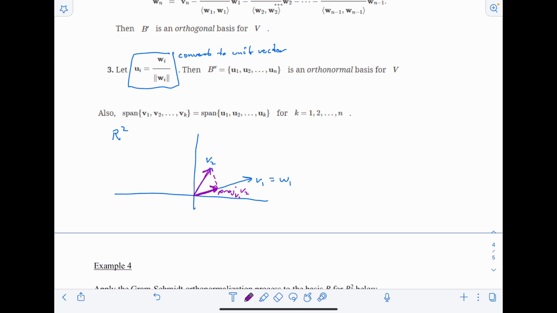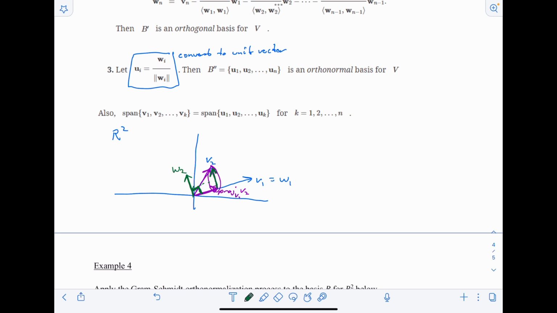Well, that is this vector right here. In fact, let me change this color to green here so we can see that better. This is the vector that we're actually looking for. And if I translate that over and draw that vector right here, we can very clearly see that that is going to be perpendicular to V1, or W1. So this is now W2.